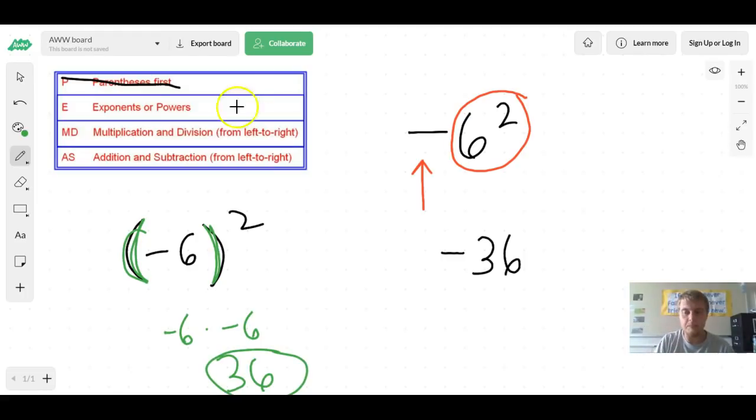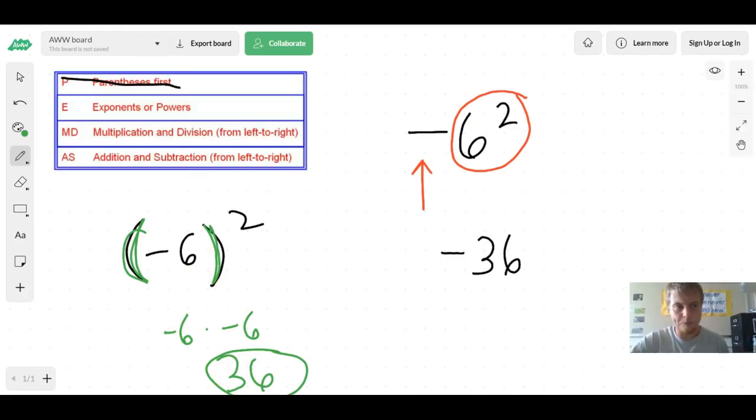So this problem comes up a lot and is tricky because of parentheses versus no parentheses. If I have parentheses, that means the number I am squaring contains the negative. If I don't have parentheses, that means the number I'm squaring does not contain a negative. So there is no way that I'll do a negative times a negative. So it's going to leave it as a negative number. Whereas if I have parentheses, it will change it to a positive number.